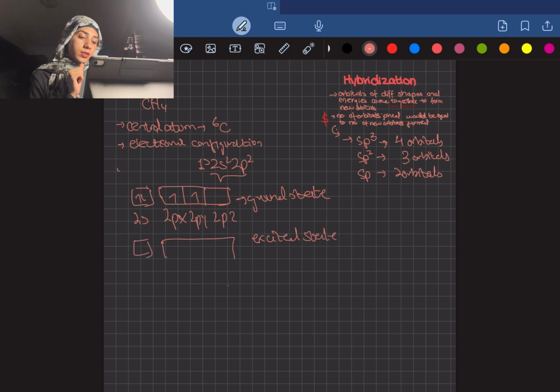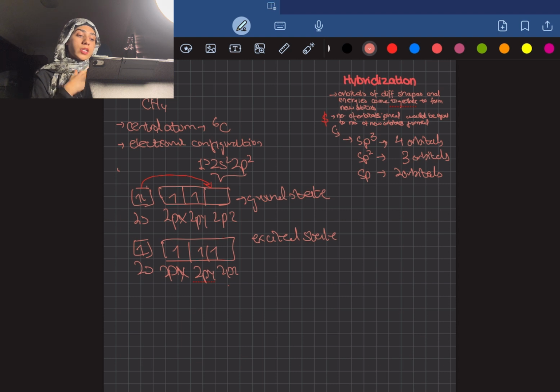So that would be taking an electron from my 2s and shifting it to 2pz. So I'm left with 1 electron at 2s now. So at 2px, 2py, 2pz, each has 1 electron.